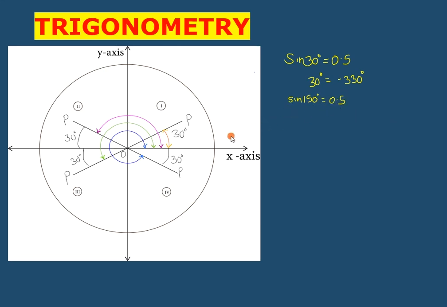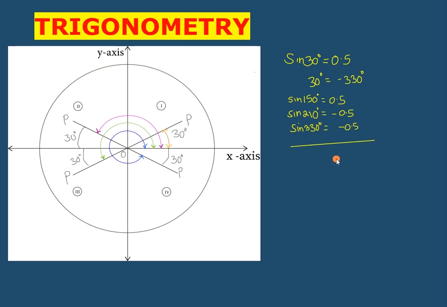There is the green angle. It is 210 degrees. Its sine is negative 0.5. We have the blue angle. It is 330, and its sine is negative 0.5.